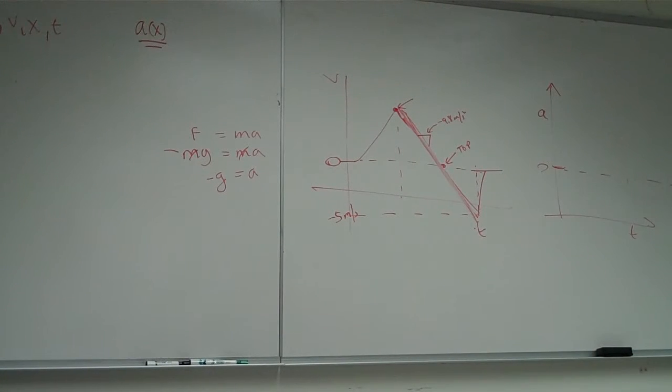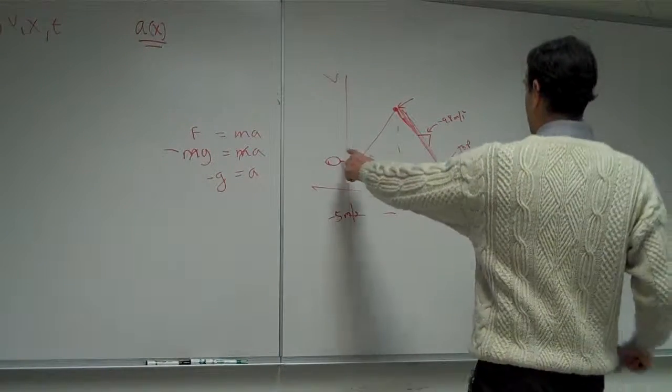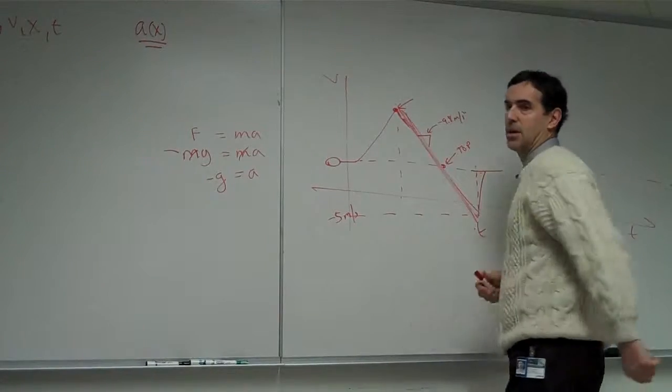Only while it's in the air. Yeah. Only while I've let go is the acceleration negative 9.8. So I want your graph to start here and go all the way to there, not just for the time.